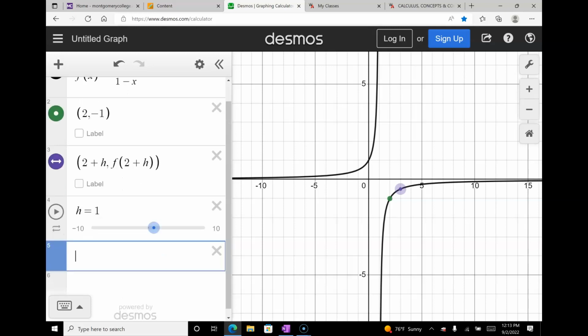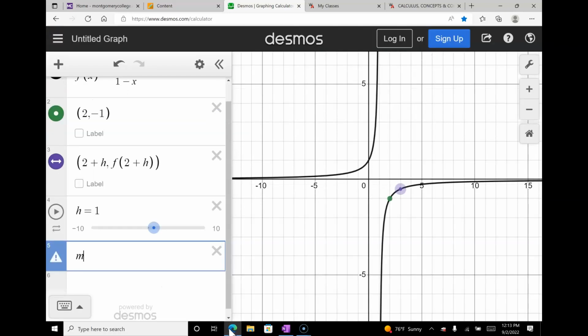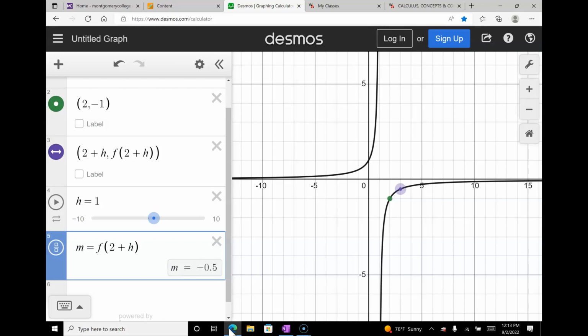So, I want my slope again. What is it? It's f of 2 plus h minus f of what? Where's my fixed point? f of 2, right?